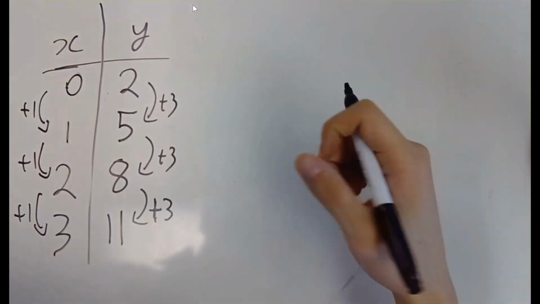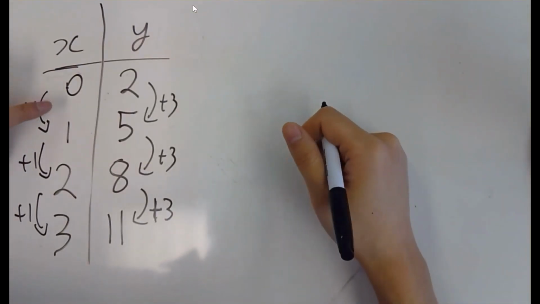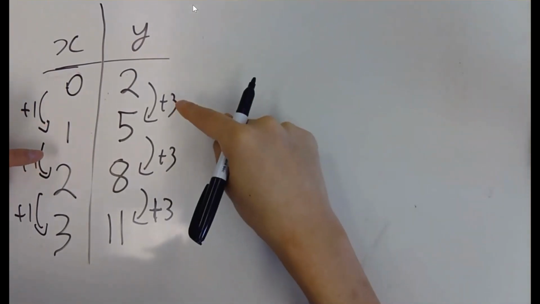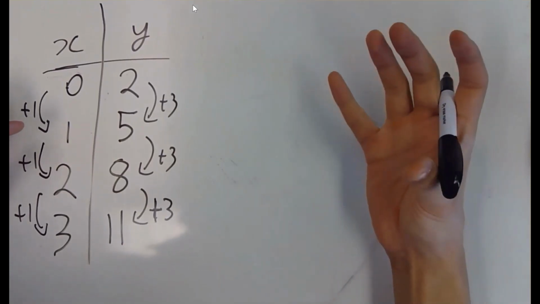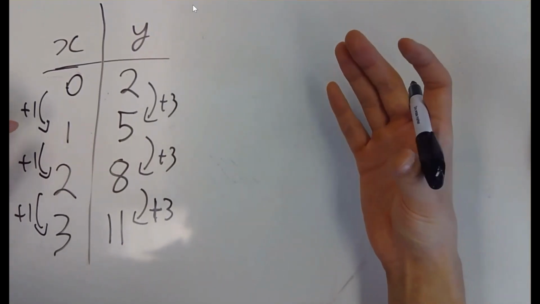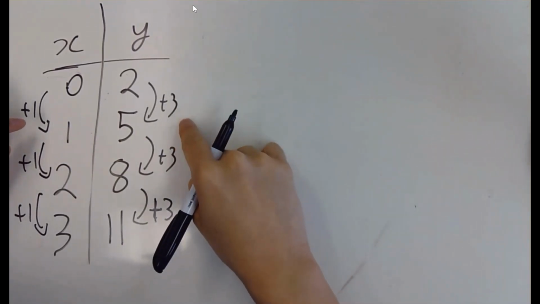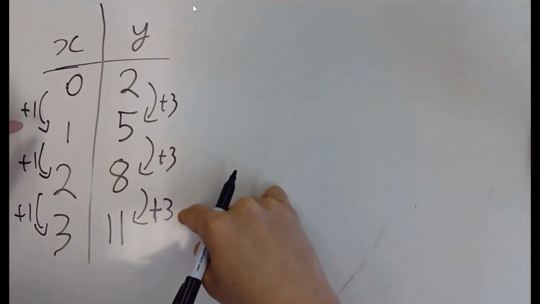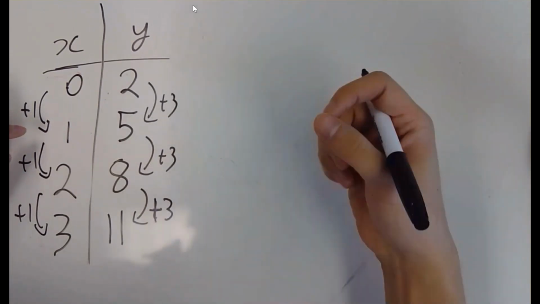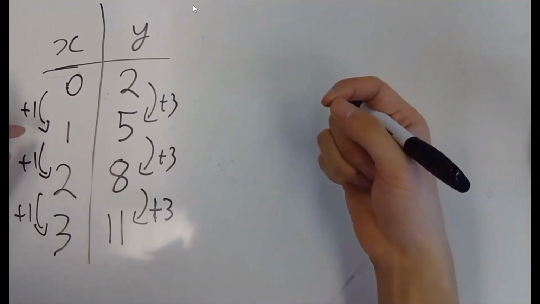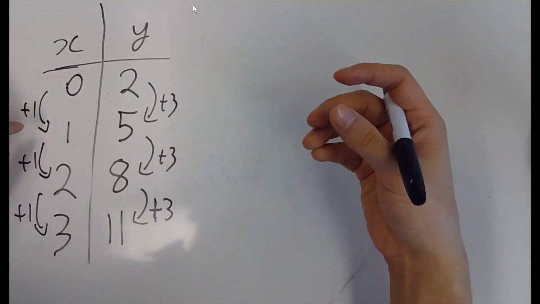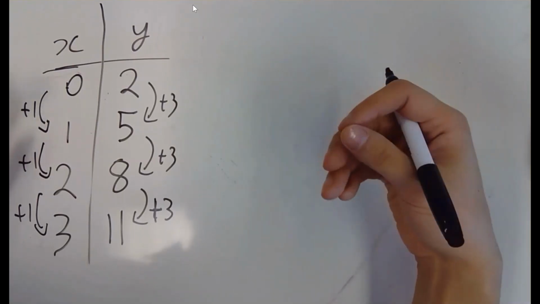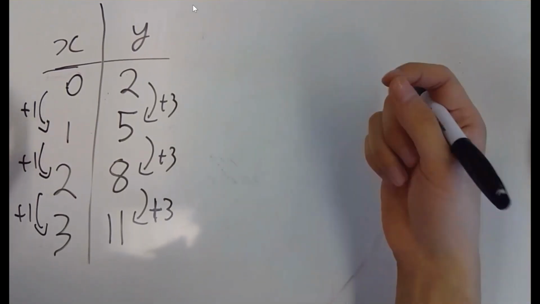So over here, we can see that when x is increasing by 1, y is increasing by 3. And increasing is just another word for plus 3. So we're adding 3, and adding 3 repeatedly. And there is a word that means repeated addition, and that is multiply.